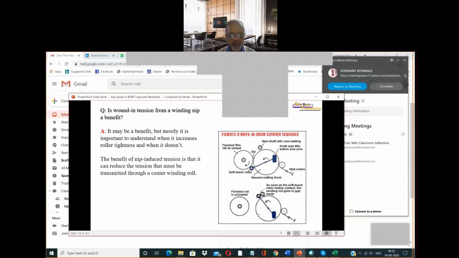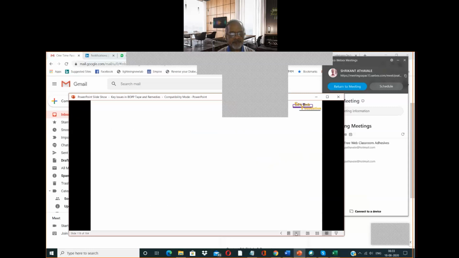The benefit of nip-induced tension is that it can reduce the tension that must be transmitted through a center winding torque. Too much center torque can lead to crushing and telescoping. Winding nip tension can create a tighter roll without these defects.